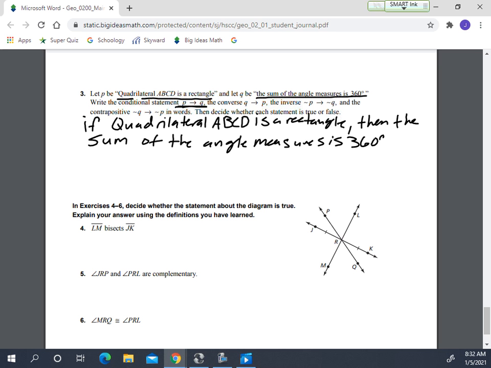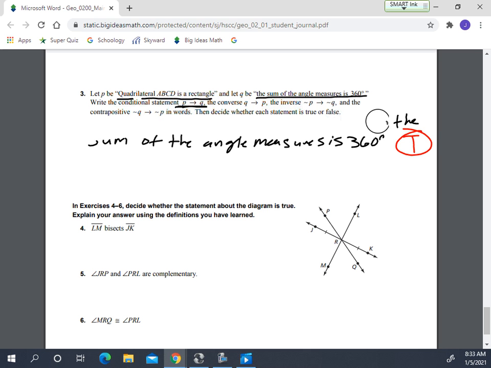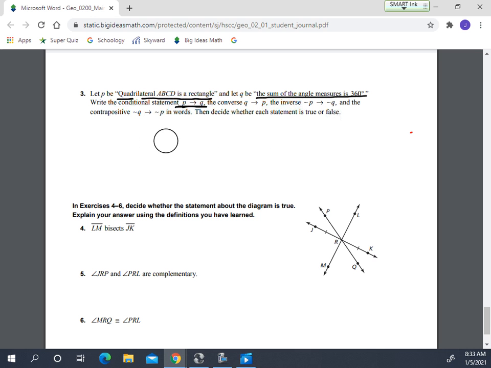Okay, is that true? If quadrilateral ABCD is a rectangle, then the sum of the angle measures is 360 degrees. Is that true or false? That's true, right? All quadrilaterals have an interior measure of 360 degrees. Okay, now, that was our conditional statement. We have 3 more to go.